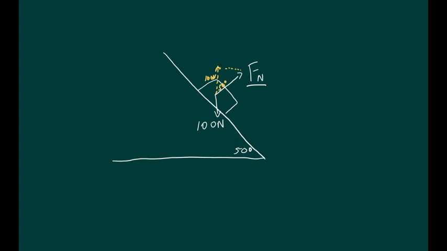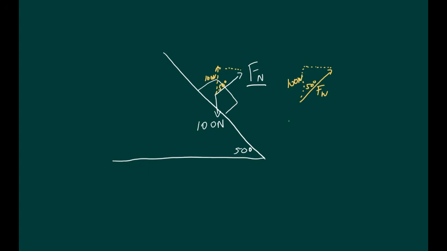Okay, so if I just make a different looking triangle, we have 100 newtons, we have Fn, we have 50 degrees, and we have the other side of our triangle.